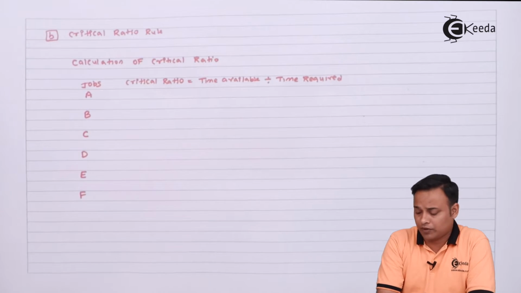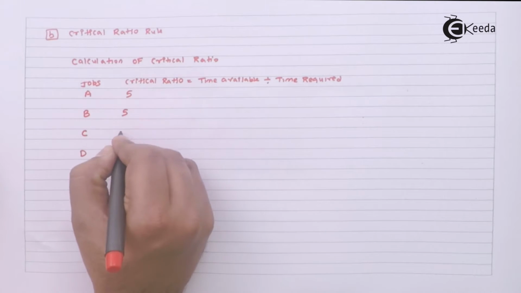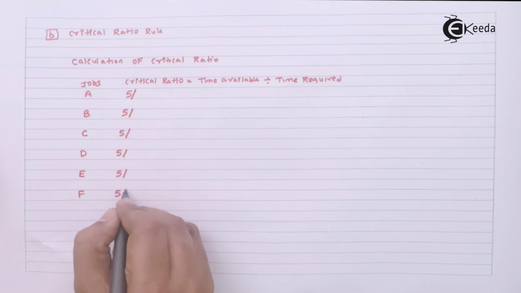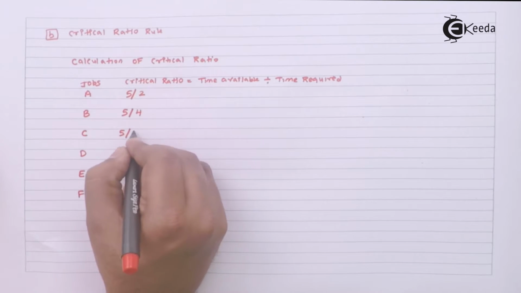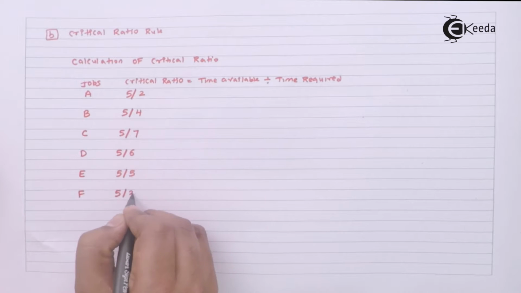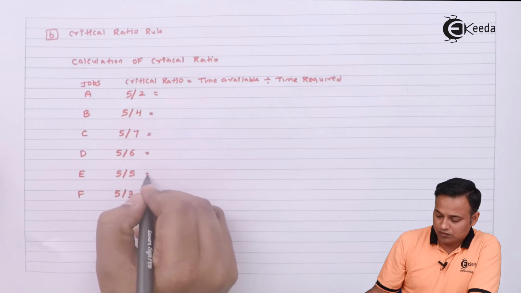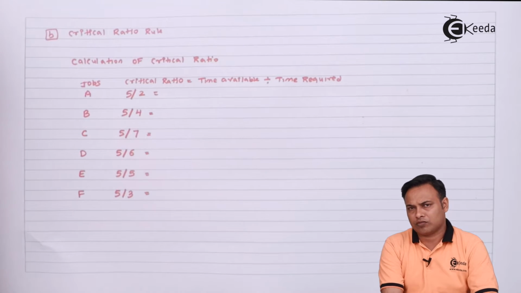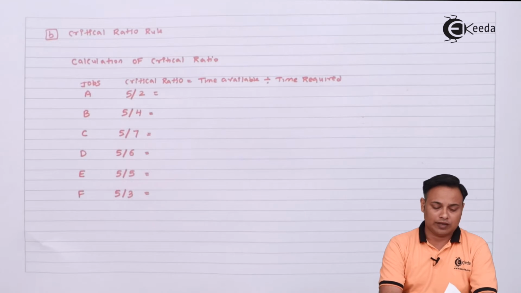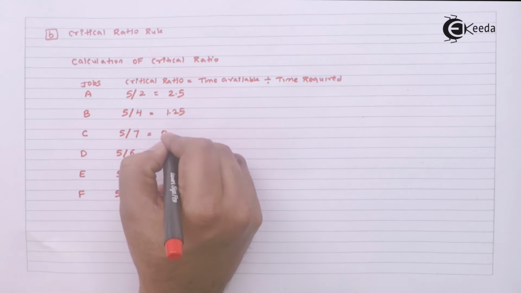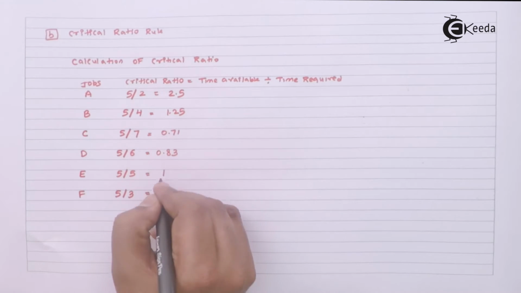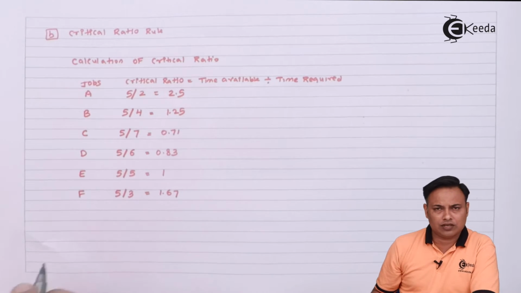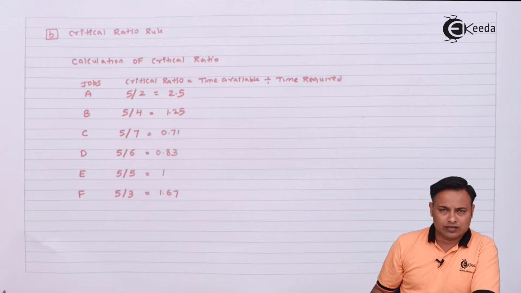I have the jobs from A to F. The lower the ratio, the more critical that particular operation is because we will have lower time. Now based on this I can give the ranks. Rather than giving the ranks, I'll directly decide the sequence.